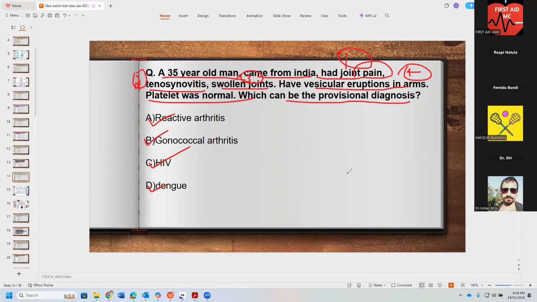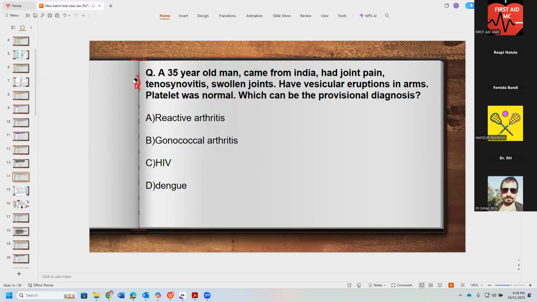Very good. Reactive arthritis happens after an STI, but joint pain, tenosynovitis, swollen joints, and vesicular eruption on the hands is gonococcal arthritis. Reactive arthritis is the kind of arthritis that happens after a chlamydial infection.